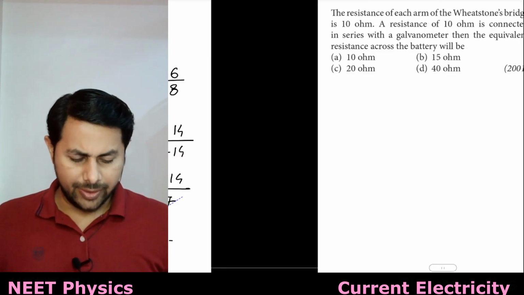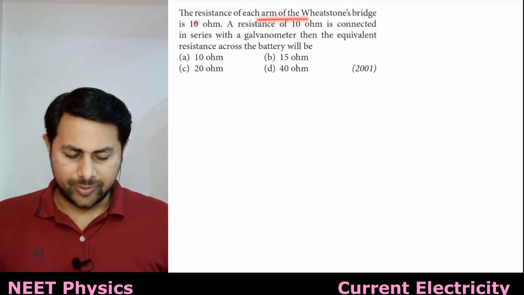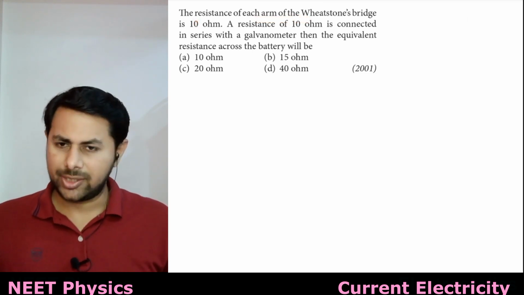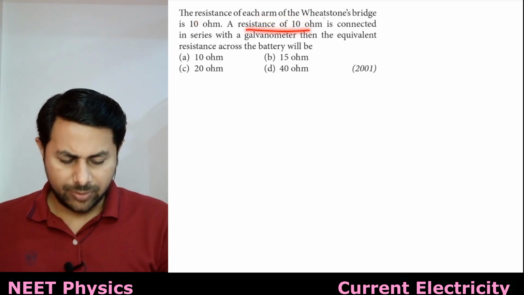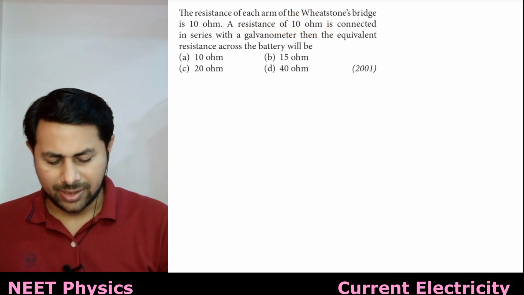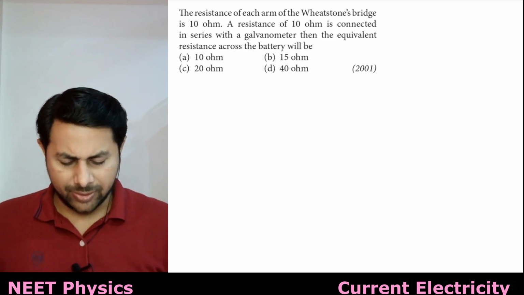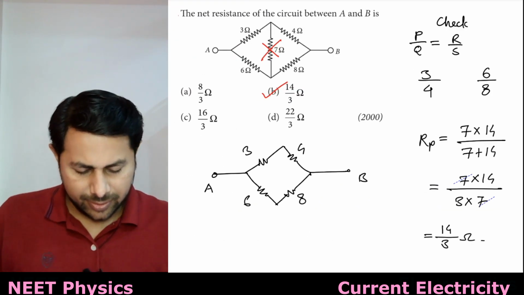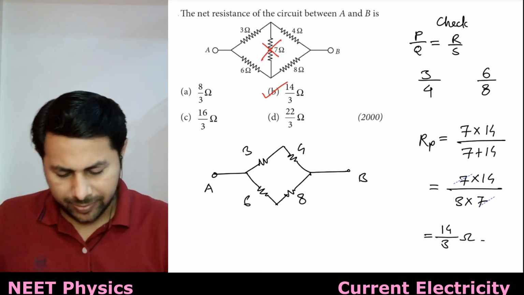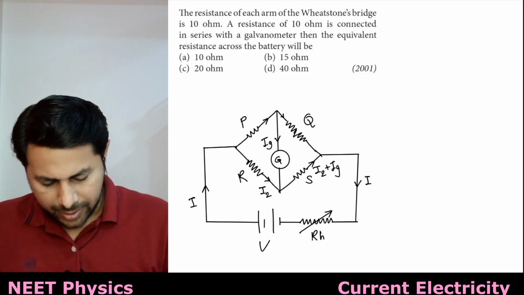Okay, good. Let's see next one. The resistance of each arm of Wheatstone bridge is 10 ohm. The resistance of 10 ohm is connected in series with the galvanometer. Then the equivalent resistance across the battery will be. Okay, so we have same Wheatstone's bridge.